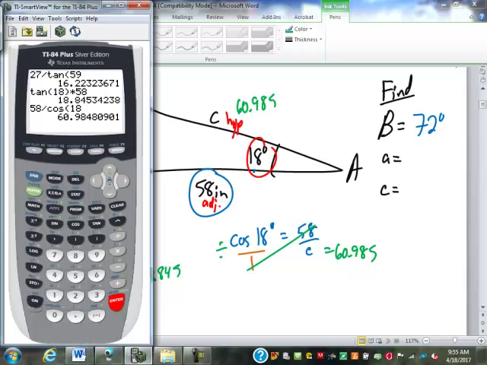Why did that work, by the way? Well, cosine of 18 is 0.95105, right? Sine of 72 is 0.95105. Remember, the cosine of one angle is equal to the sine of its complement. Since those are complements, they work.